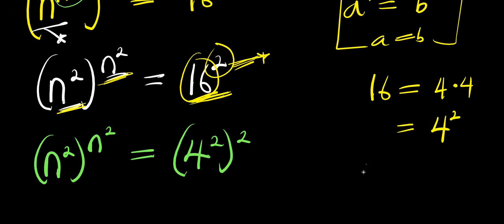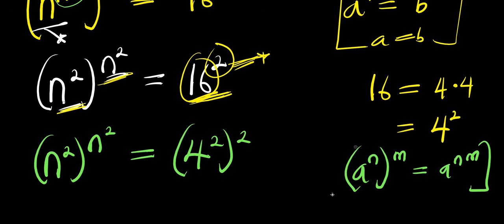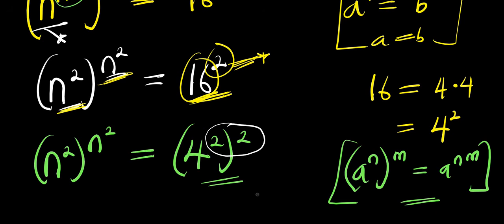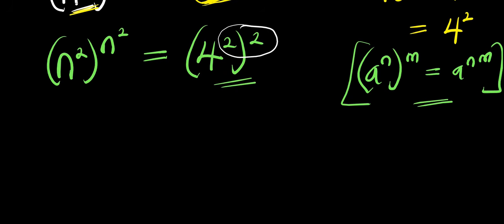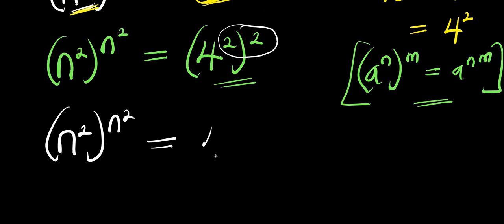If you have a to the power of n raised to the power of n, this equals a to the power of n times n. So we can apply this identity right here. That means we are going to multiply this exponent. So we are simply going to have n to the power of 2 raised to the power of n to the power of 2 equals 4 to the power of 4.